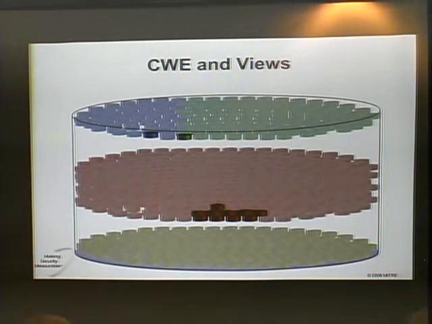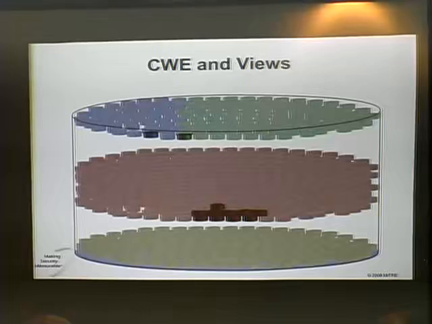So if you looked at all of CWE, you're going to see a lot of different kinds of nodes. But the idea is you may only want one subset.